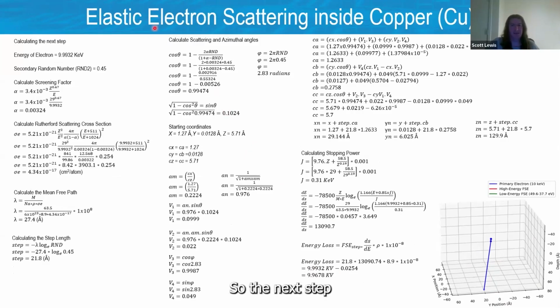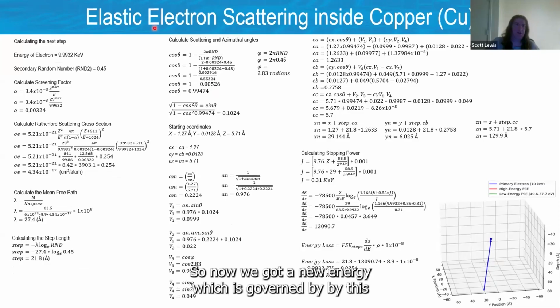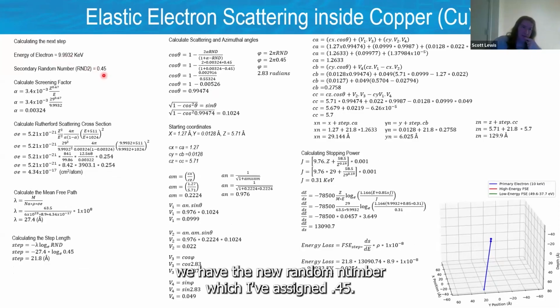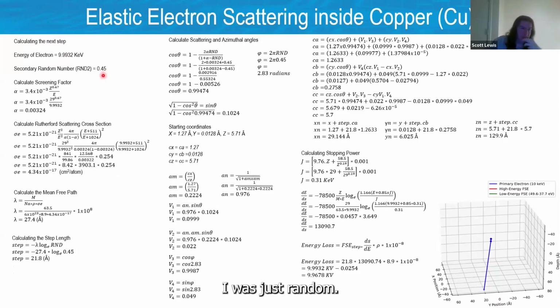So we need to do the next step. And again, I'm going to move myself out of the way. So now we've got a new energy, which is governed by this. We have the new random number, which I've assigned 0.45. That was just random.